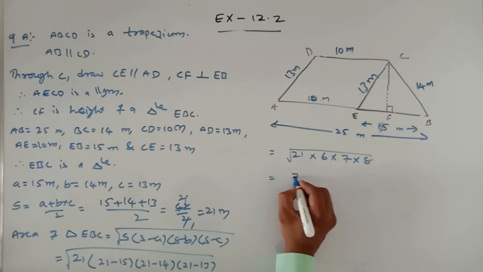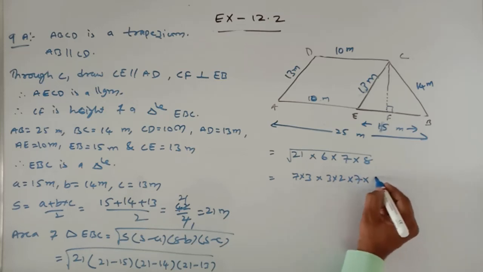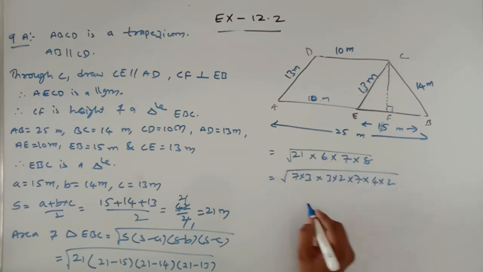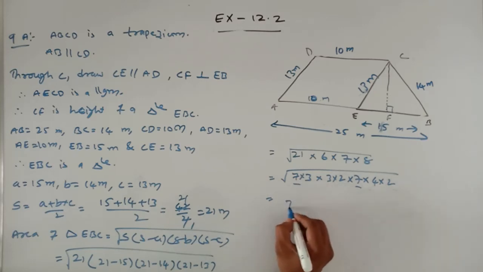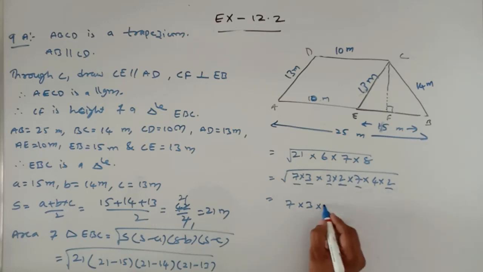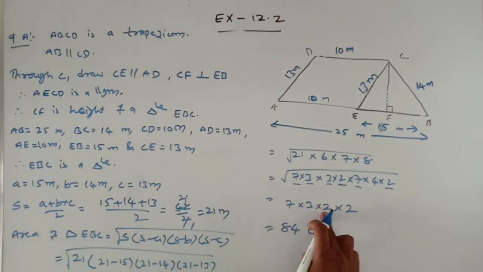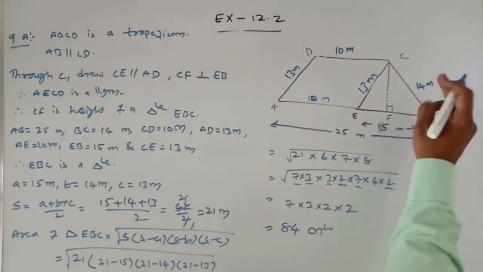So this 21 I am changing into 7 into 3, 6 into 3 into 2, and 8 into 4 into 2. Here two 7s are there, so I am taking one 7 out. Two 3s are there, I am taking one 3 out. Two 2s are there, I am taking one 2 out, and square root of 4 is 2. That's equal to 84 square meters. This total area is 84 square meters.